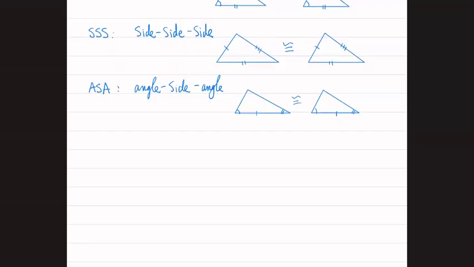Okay. Another very useful theorem that we learned last time. We consider a triangle. The longer side, larger angles.